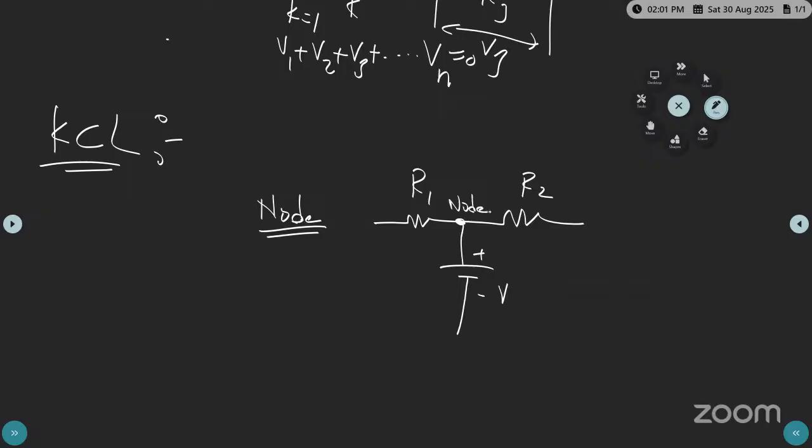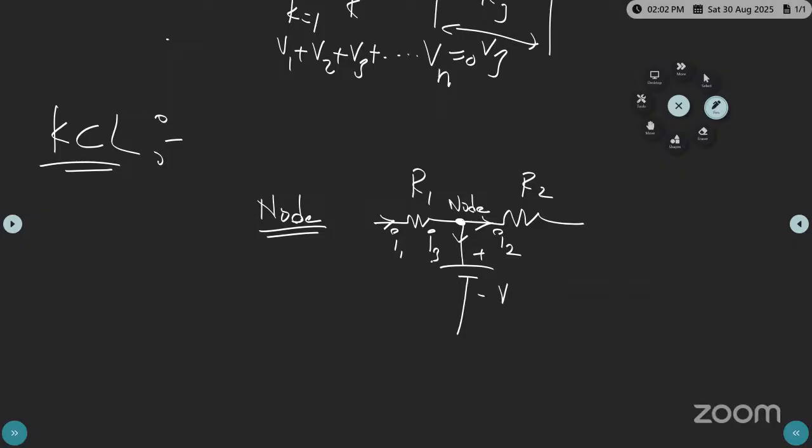At this node, let us assume a current I1 is coming in, the current in R2 is I2, and the current in the voltage source is I3. The current flowing through R1 is I1, through R2 is I2, and through the voltage source is I3.